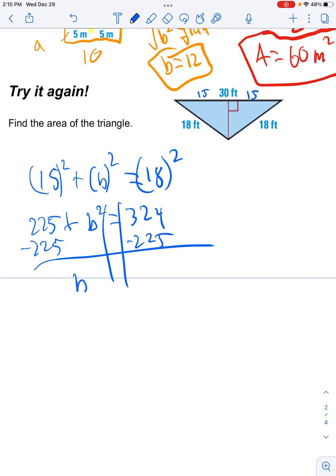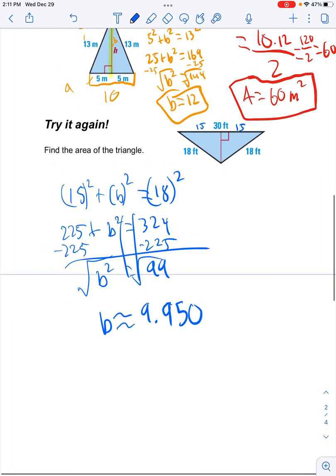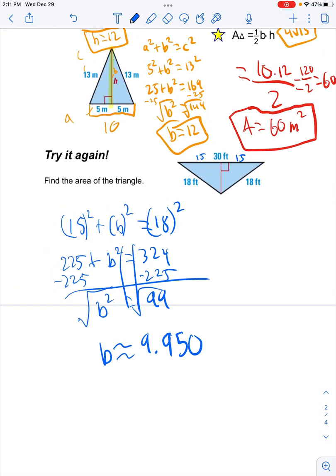So if I subtract these, I get b squared equals 99. Take that square root of 99, and you're going to get b is approximately 9.950, approximately.